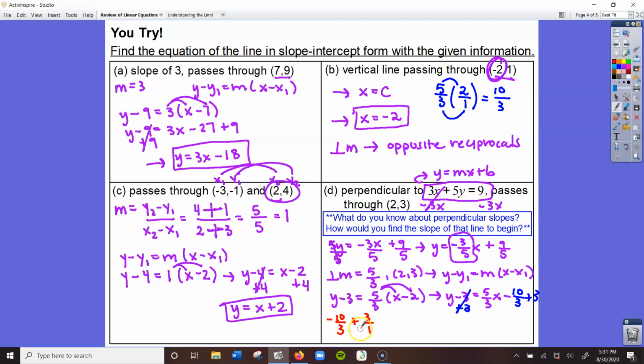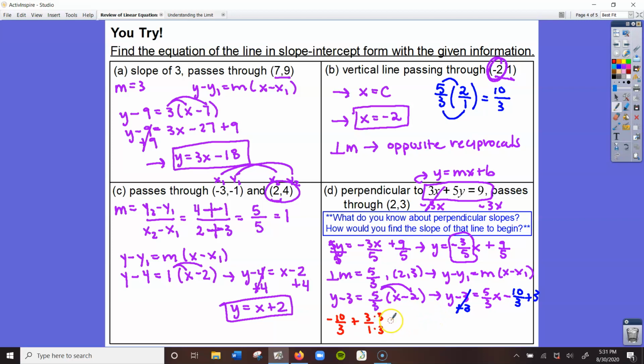So then you have to rewrite each fraction so that it has the same denominator. Negative 10 over 3 already has a denominator of 3, so we do nothing with this. But for 3 over 1, I need to rewrite it so that the denominator is 3. It just so happens that if I multiply this denominator by 3, that'll do the trick. But whatever you do to the denominator, you must do to the numerator.